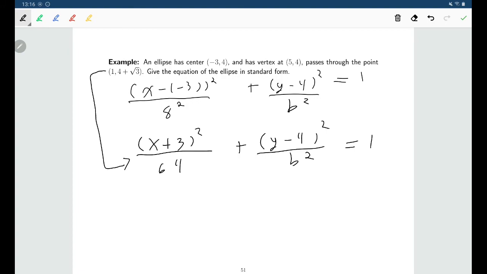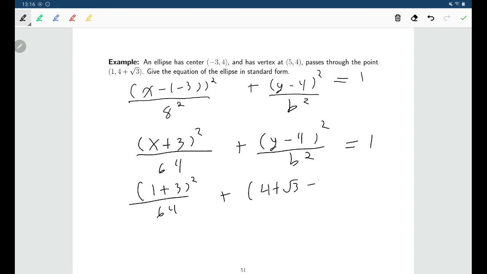If I put in that point for x and y, left side and right side should be equal to each other. So I could put in 1 for x, and I could put in 4 plus root 3 for y, and left side and right side would be equal to each other.